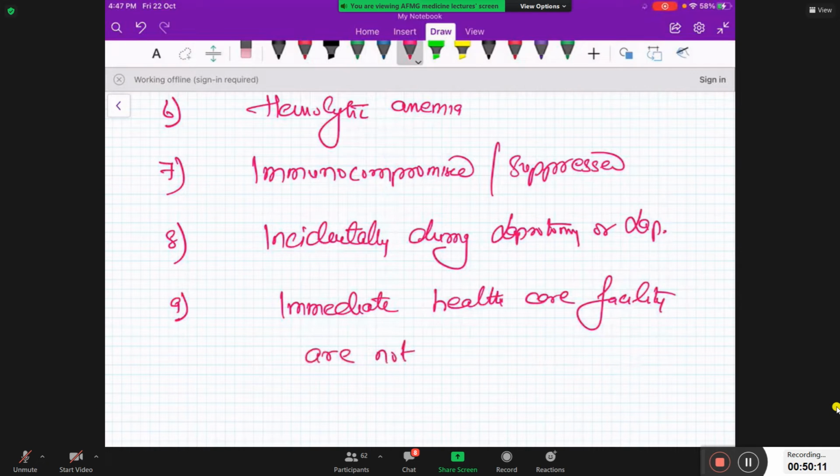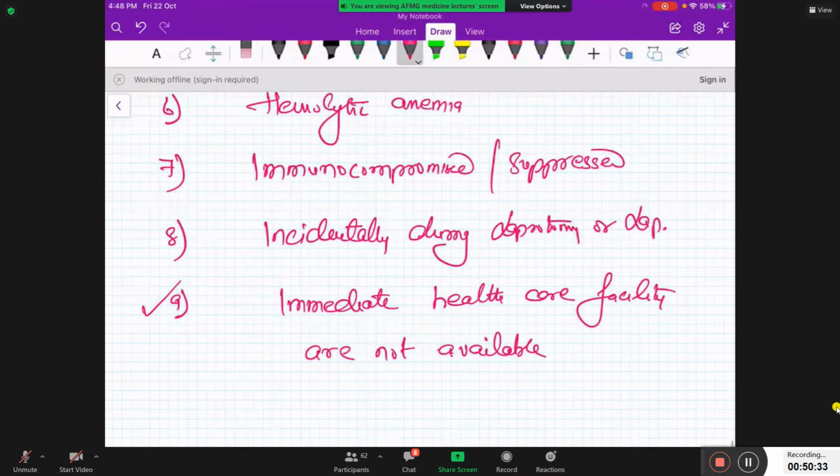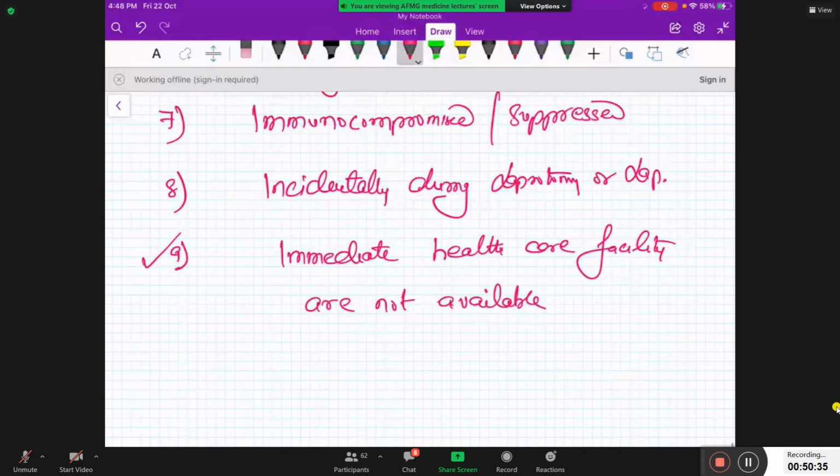This per se is for now. In present time, there is no place where we don't have an immediate healthcare facility available. So this indication is specifically for the astronauts, those who are going to space. So if you are planning to go to space, leave your gallbladder here. If you have a stone in that, obviously.